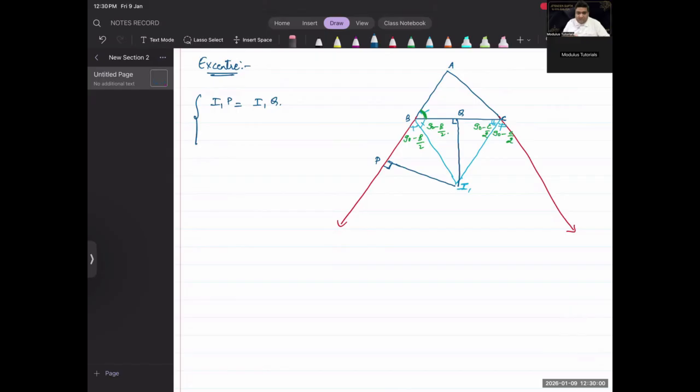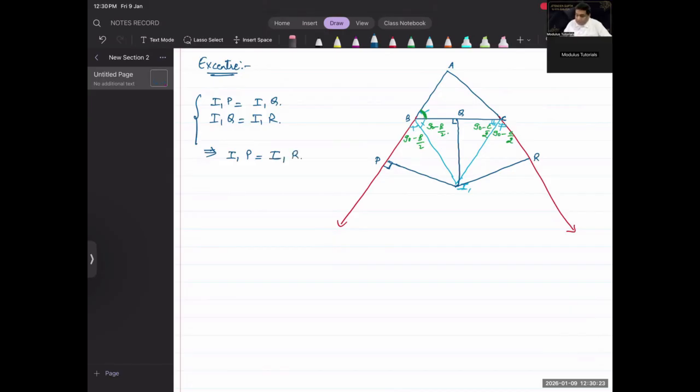This is very much expected. And similarly, guys, I1Q will be equal to I1R also. Got it? So I1Q is I1R. Now, this gives me an interesting thing, which is I1P is equal to I1R.